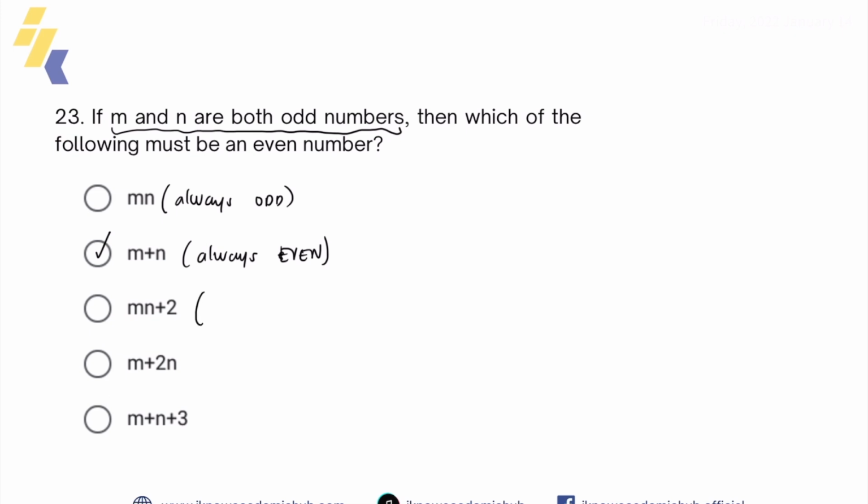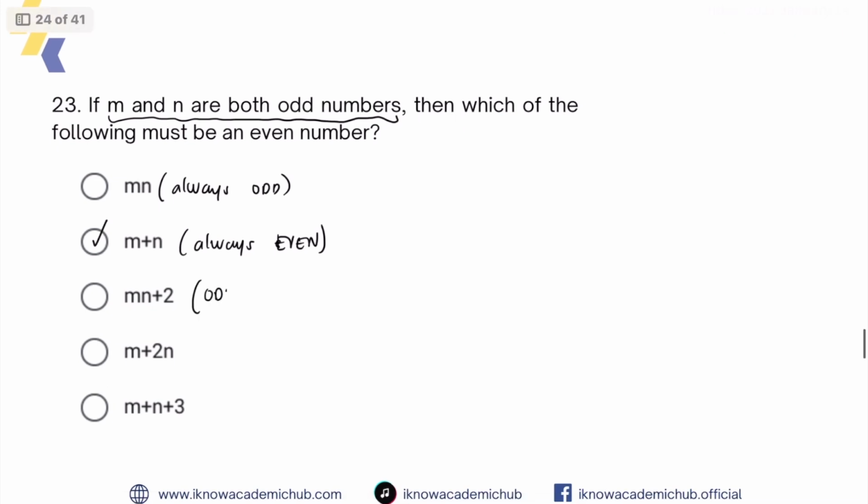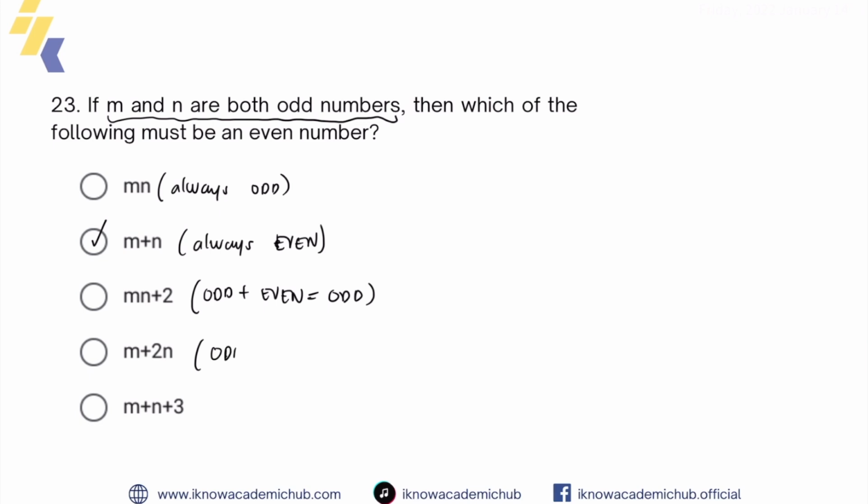Now, dito, tingnan natin. Product ng two odd numbers, always odd. Plus even, always odd. So, mali pa rin. Ito naman, yung m is odd, 2n is even, so odd plus even, also odd.